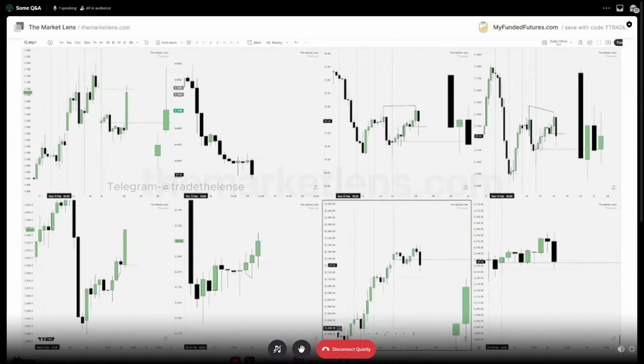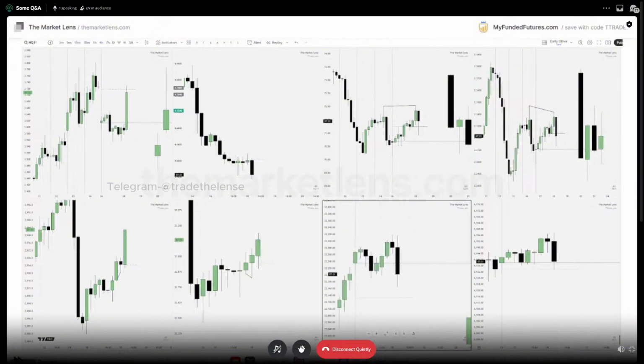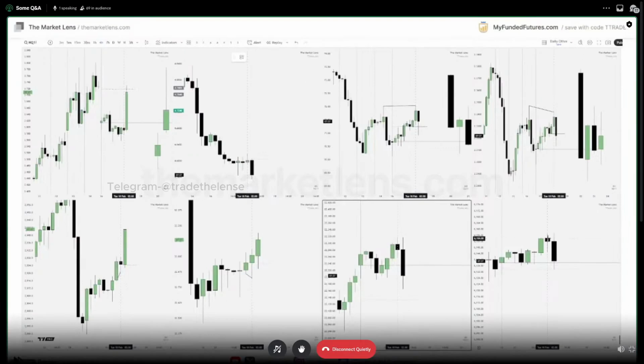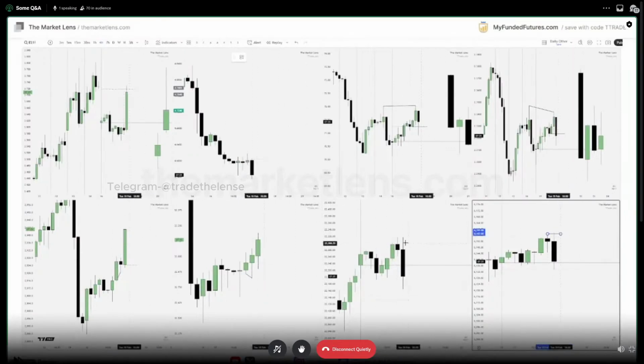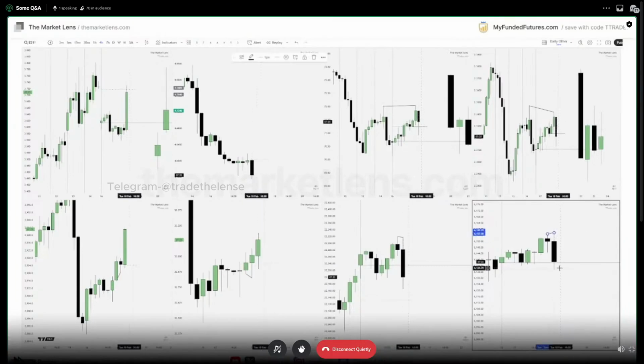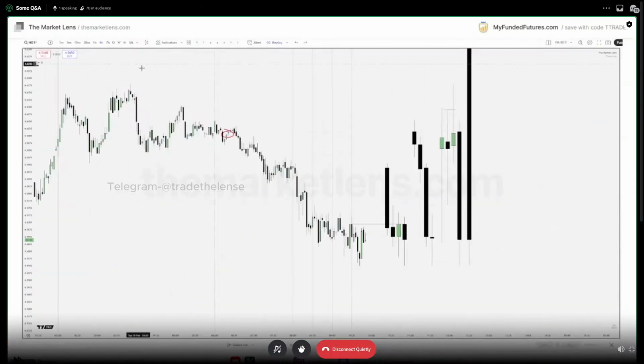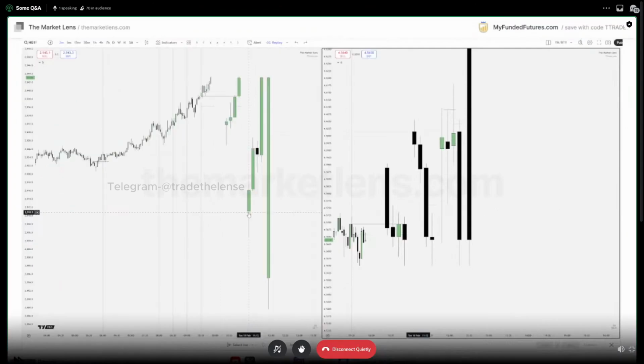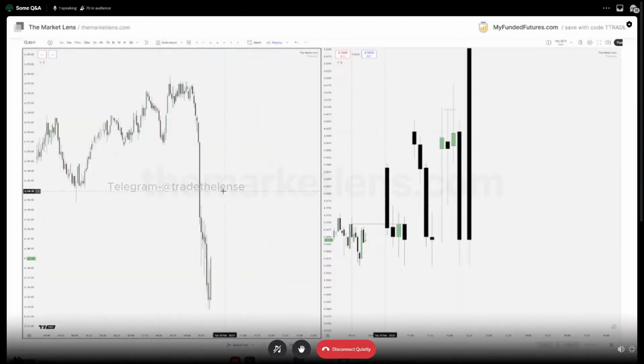So if we're taking a look here on the 4-hour, you can see 2 a.m. YM takes the high, 2 a.m. NQ doesn't take the high. So we have the SMT there. And then we'll just go to this one so it zooms in a little more.